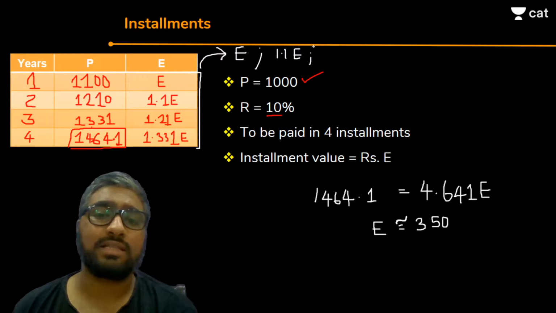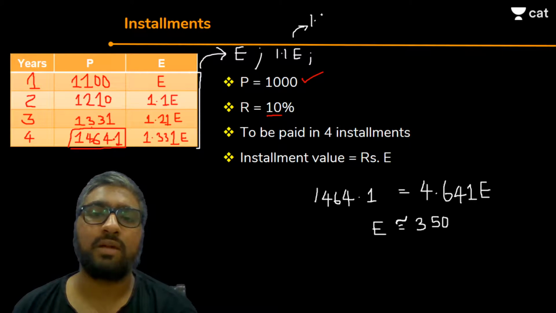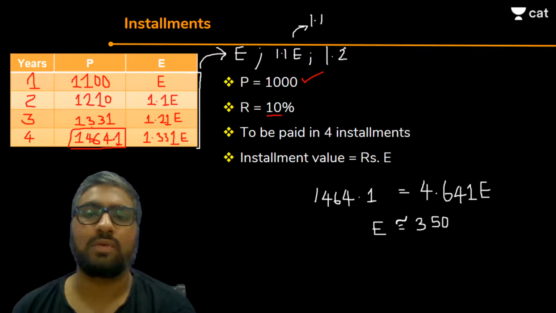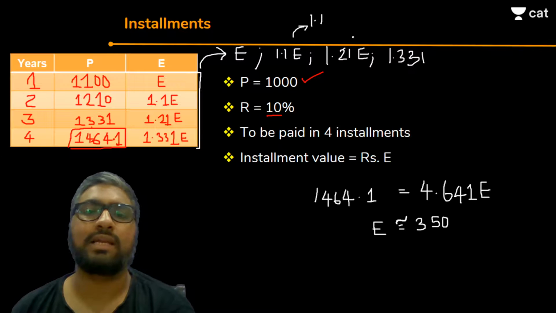The next year, what would happen? Previous one pay 1.1 again, because you haven't paid me the previous one's interest yet. It would become how much then? 1.21. You haven't yet paid me this also, so next year it would become what? 1.331. Just 10 percentage increasing every time.